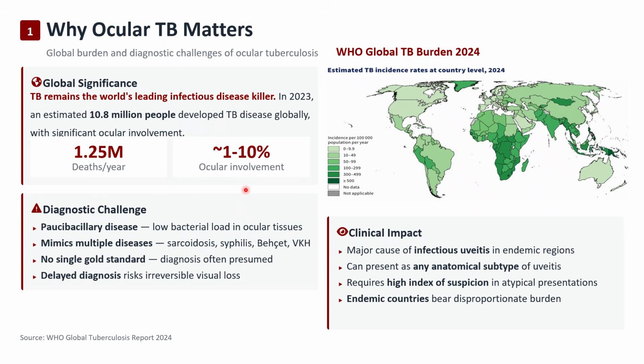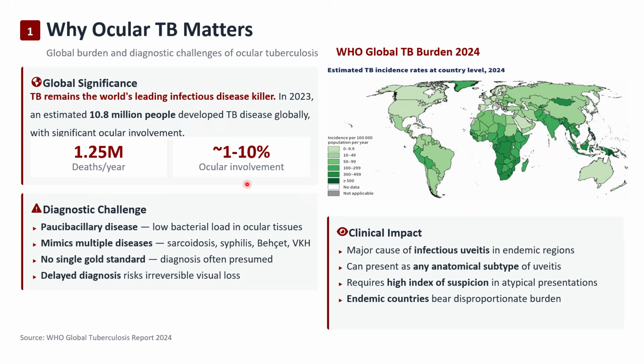So these people will respond to topical steroids, and a lot of cases are missed as idiopathic uveitis but are actually tuberculous uveitis. The reason is that accurate diagnosis of ocular tuberculosis is very difficult, and we used to say this is a presumptive diagnosis.